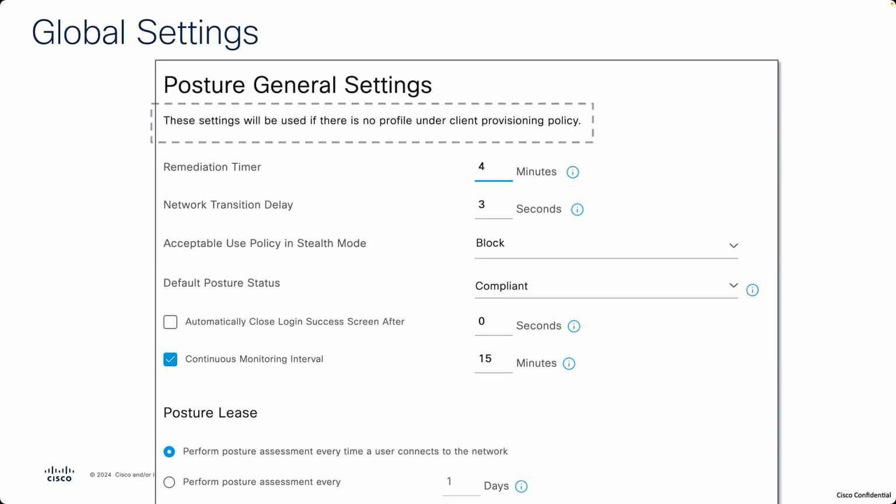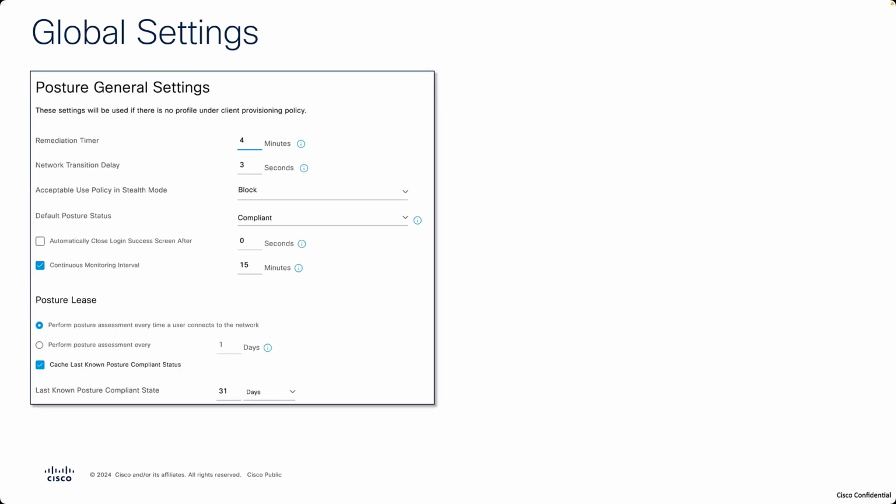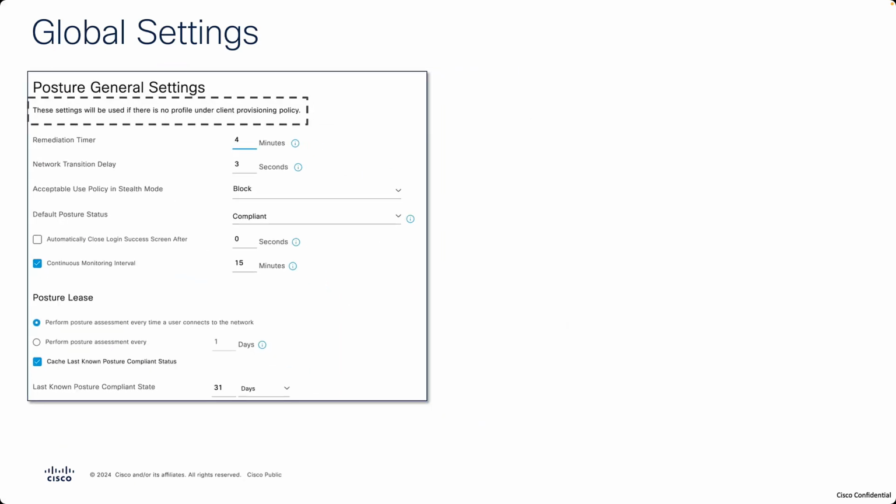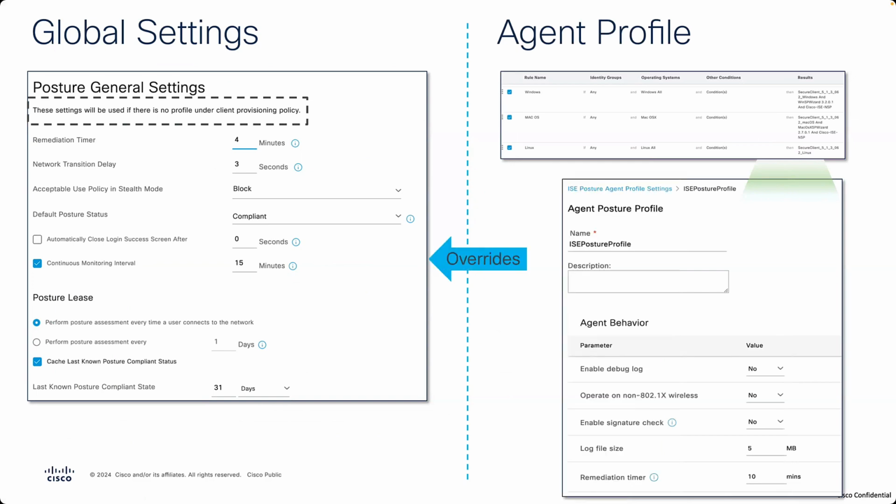If there is no profile defined against the client provisioning policy, then these posture general settings are going to get applied. It means these are the global settings, and you can override them using the agent posture profile, which is mapped to the agent config, and that agent config can be associated to the client provisioning policy.